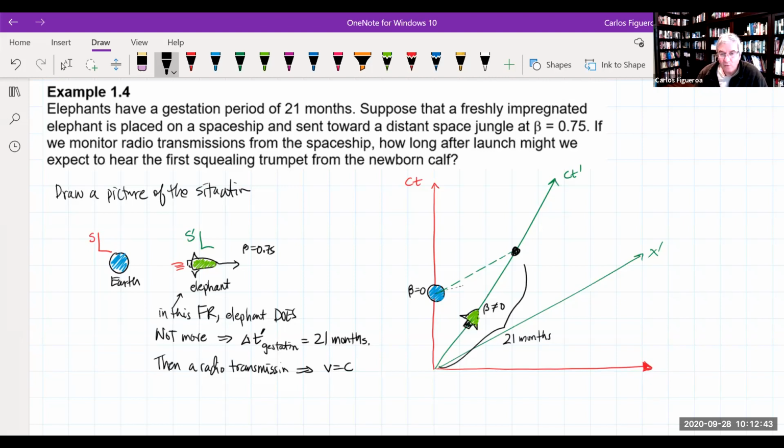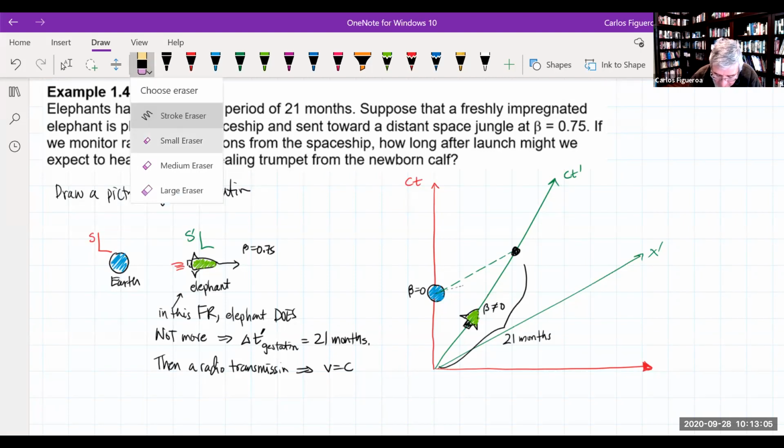And then what happens? A radio signal is sent. Okay, as the radio signal is sent here, we now have a 45-degree angle. Okay, so it's got to be steeper than this guy, and I think I'm going to have to make this a little bit longer here.